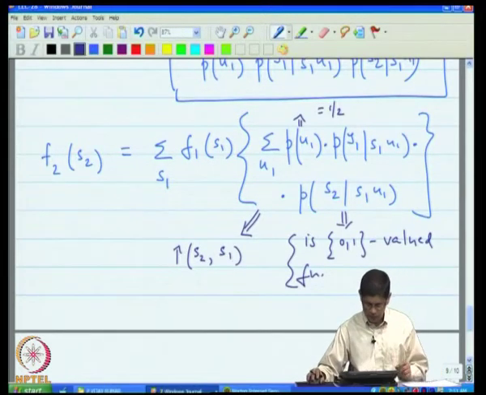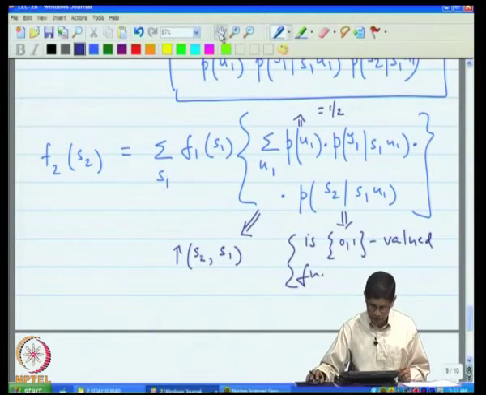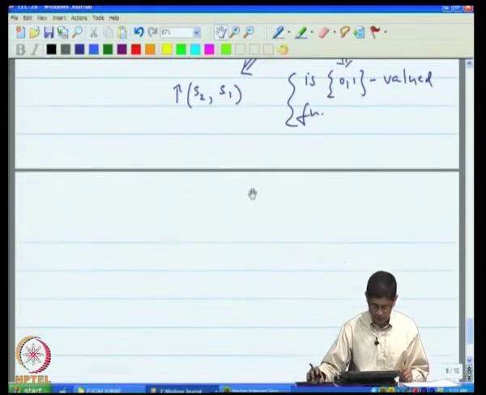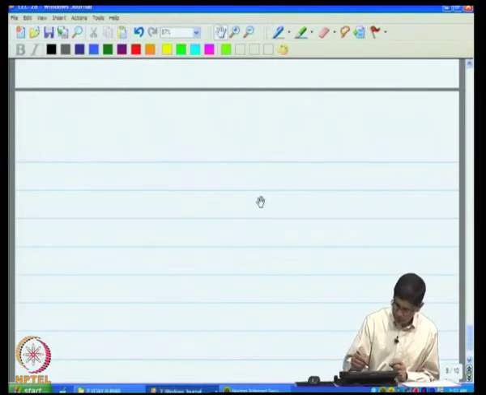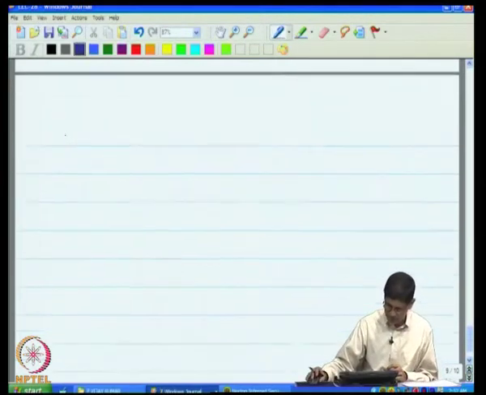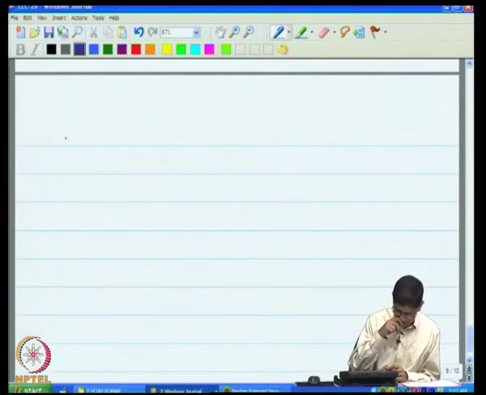It is a function of both. The moment you sum over U1, there is no dependence on U1. So, there is only a dependence on S2 and S1. So, you can see that this expression with this entire thing replaced by gamma of S2 S1 looks like a matrix multiplication, and that is precisely what it is. So, I will just spell that out for you. Then the matrix multiplication will look something like this.